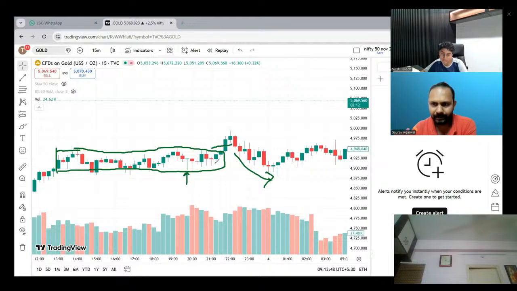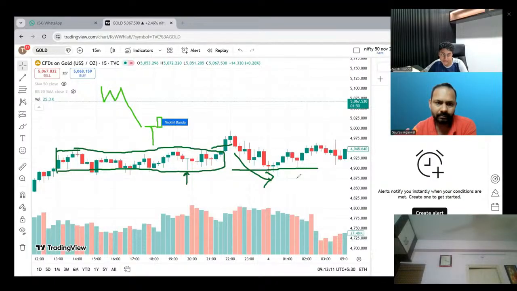But say the candles were like this, and then it did this, and now you had a dragonfly, right? There's no consolidation, so everything just came down, and you get a dragonfly, and then the next candle does like this.